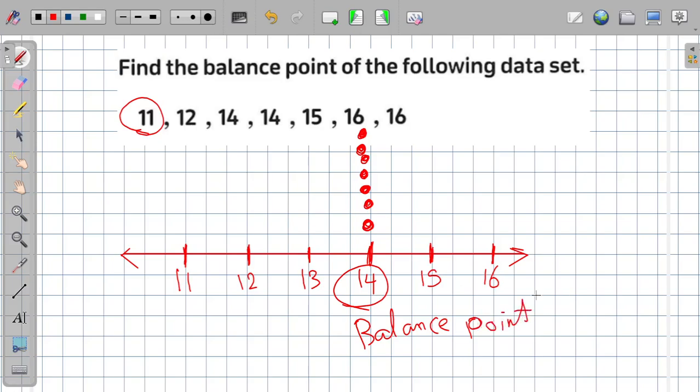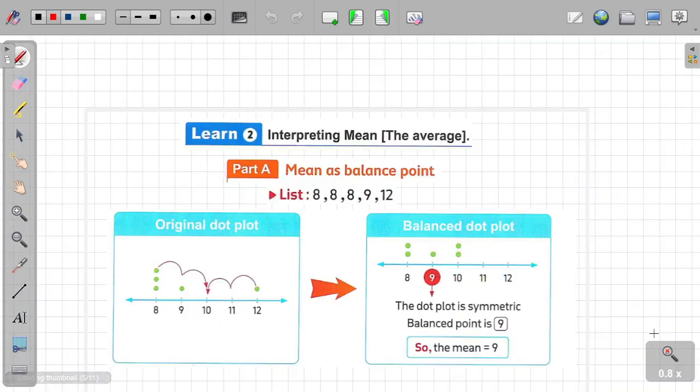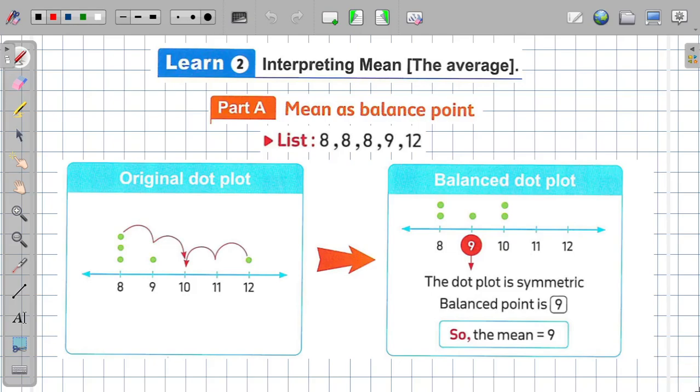Okay, next I wanted to talk about how to find the mean of the data set using the balance point and using the rule of the mean or the rule of the average. The mean is one way to measure the central tendency of a data set on a number line.